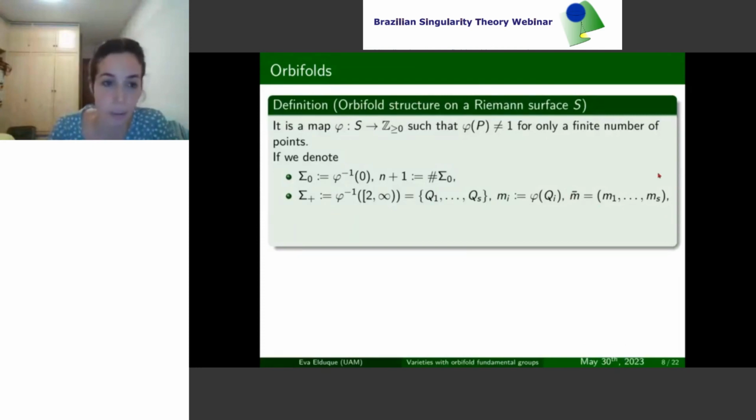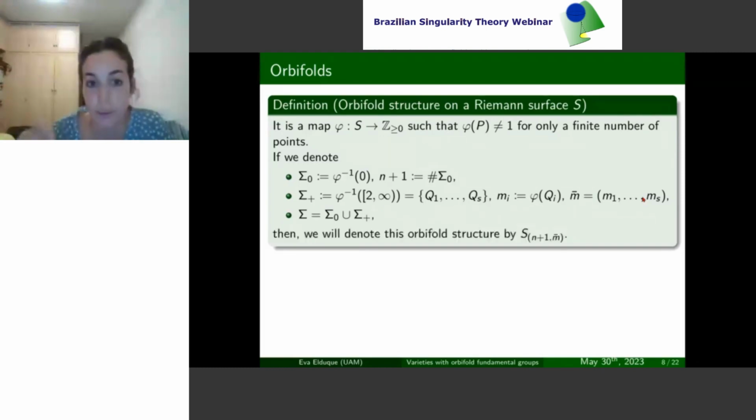And so really what gives you the orbifold structure is just the union of these two sets, those points, along with the multiplicities. The multiplicities of all of these points, either 0 or bigger or equal than 2. And for short, we're not going to care about where those special points with higher multiplicity are located within the Riemann surface.